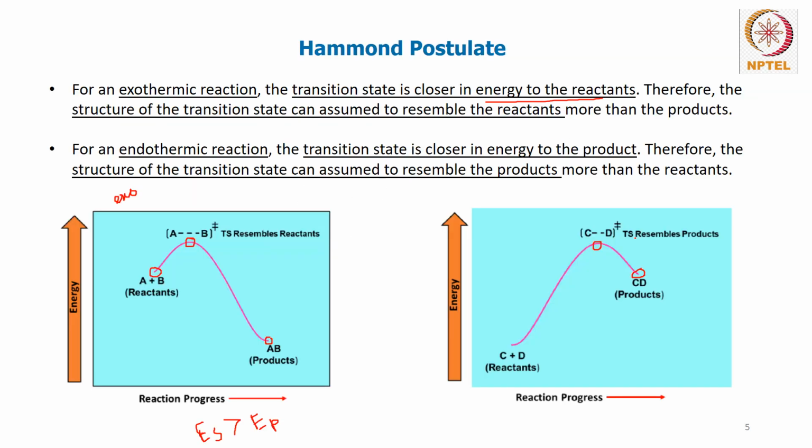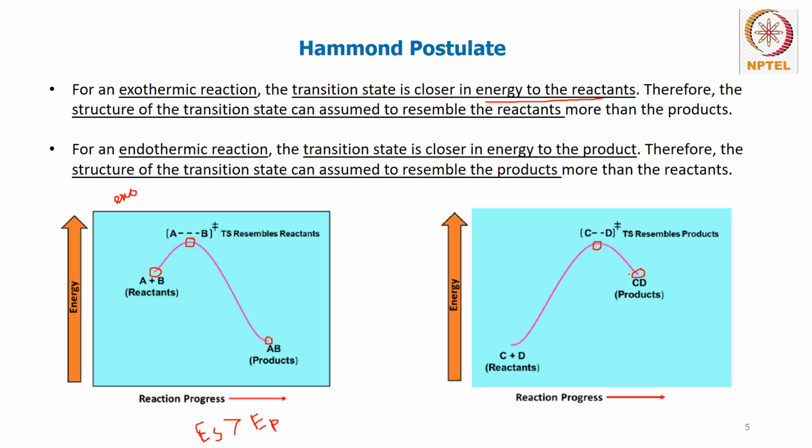And what is the effect of these features on the reaction? Whenever the transition state resembles the product more, product stability has a huge effect on the reaction, because the transition state is closer to the product energy.